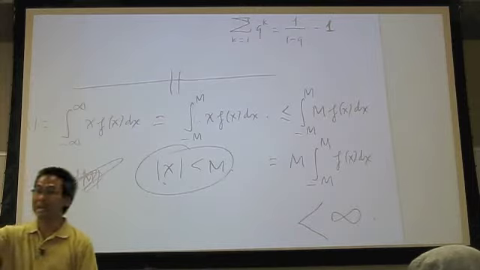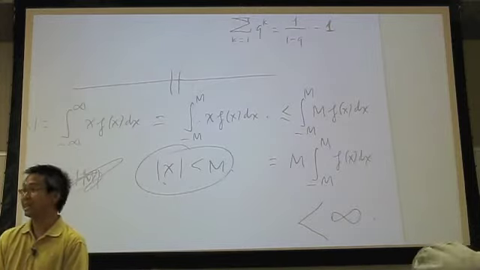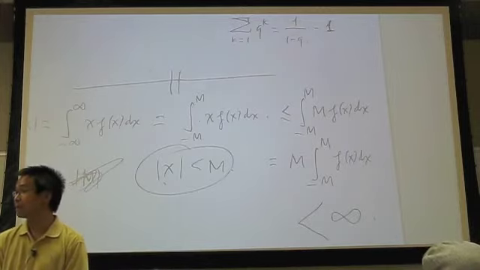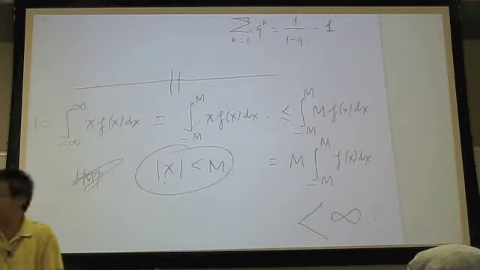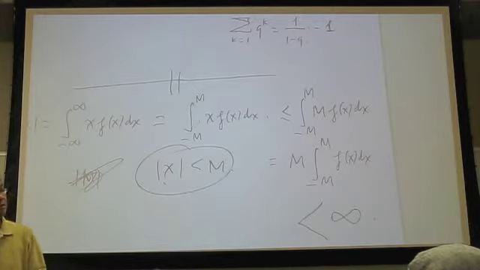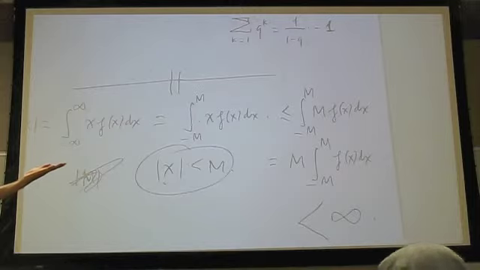If the integral from negative m to m of f(x) dx is finite, then multiplying by m is going to be finite. A billion times 10 billion, I don't care, it's still finite. So the job right now is to show that the integral from minus m to m of f(x) dx is finite. Give me an argument, everybody.